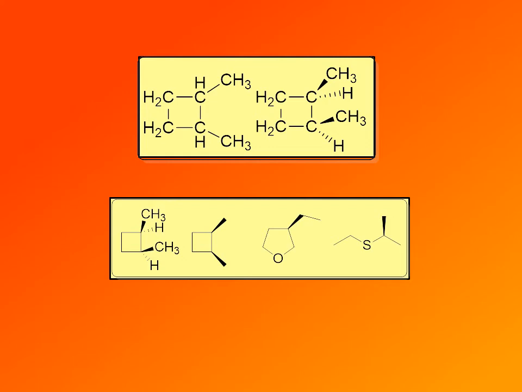So here are examples of perspective line formulas where wedge and dash bonds are used to indicate stereochemistry of substituents. Note that for those bonds at the end we can put substituents like CH3 methyl and hydrogen. We sometimes do that simply as a courtesy to the reader. That's optional, and often we omit them, as you can see in other examples, in the remaining 3 examples.